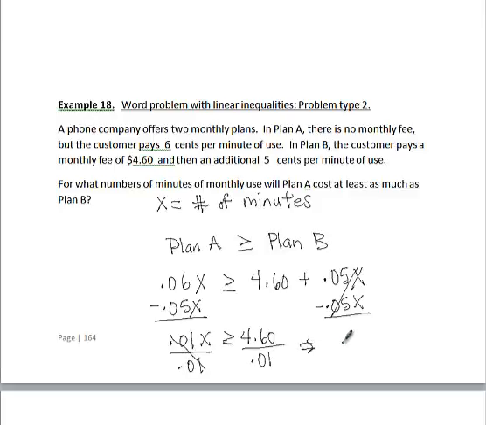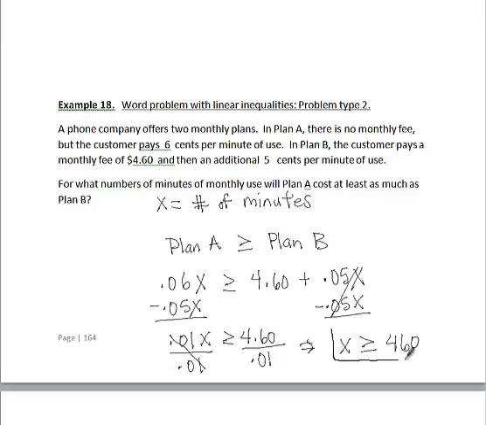So what we get is x by itself on the left, greater than or equal to, and dividing by 0.01 is the same as multiplying 4.60 by 100, which would be 460. So if the minutes are greater than or equal to 460, then Plan A will cost just as much or more than Plan B.